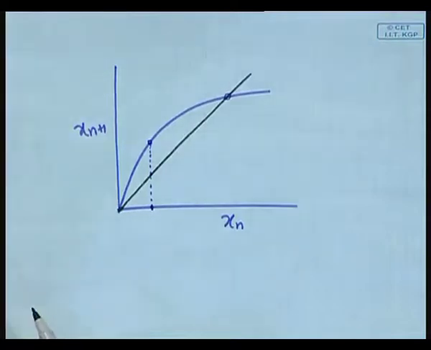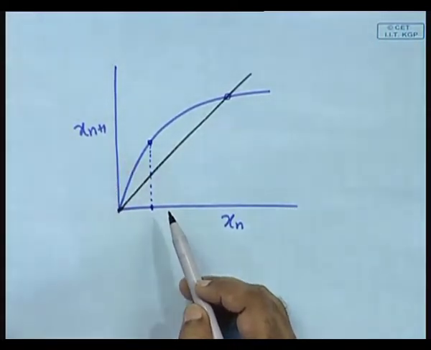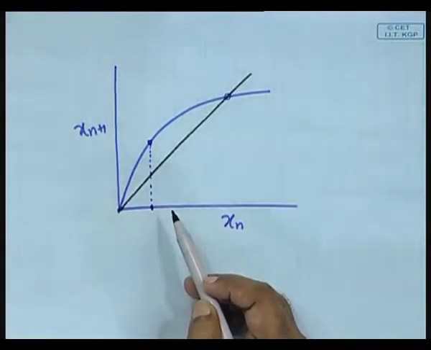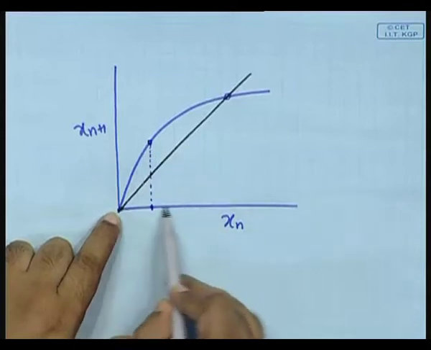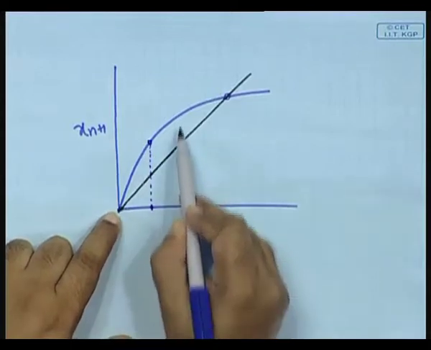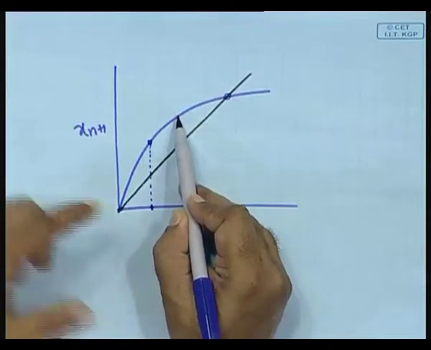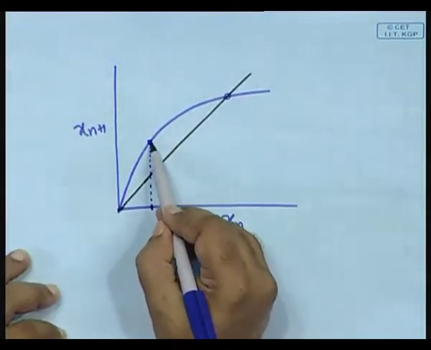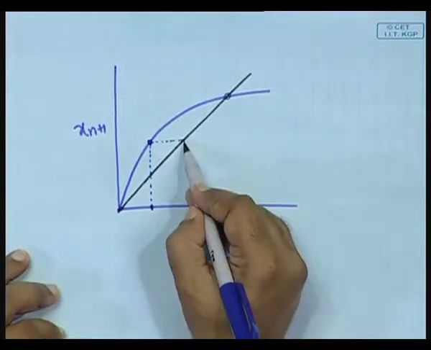Okay. If you now want to iterate, what will you do? X n plus 1 will have to give rise to x n plus 2, which means this value you will have to take along the x axis and then find out where it goes next. Okay. A simple way of doing it is to come to the 45-degree line and come down here.